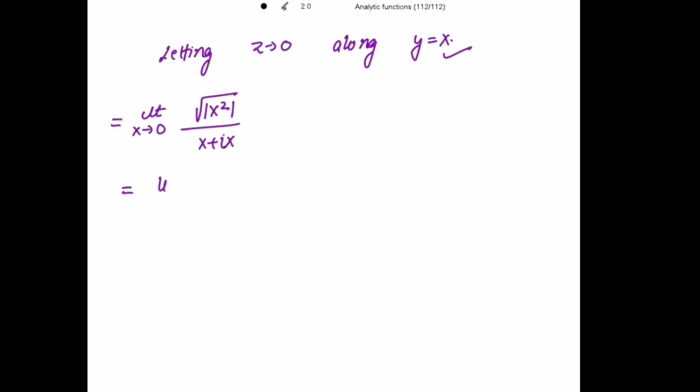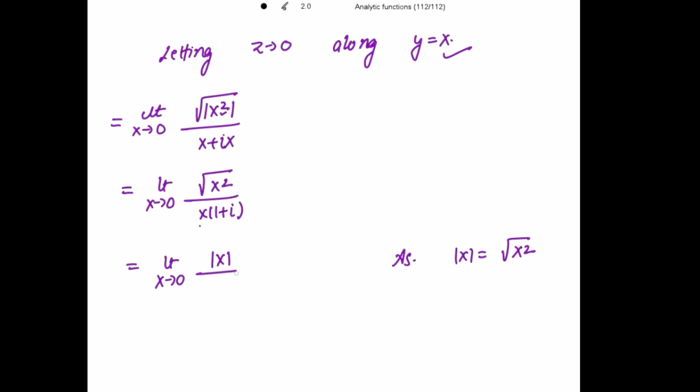Now as I am having a square inside the modulus, it is positive, so we write square root of x square divided by x plus iota x. We can take x common from the denominator, so that becomes x into 1 plus iota, right? And this is further equal to limit x tending to 0, as mod of x is equal to square root of x square, of mod x divided by x into 1 plus iota.